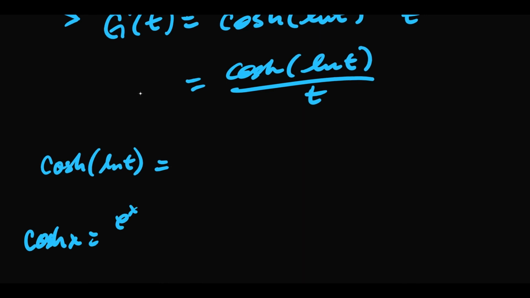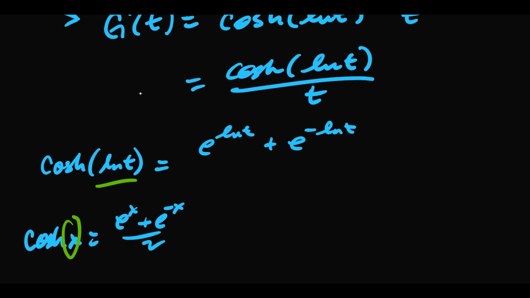It's e to the x plus e to the negative x over 2. So wherever there's an x, I'm going to put natural log of t. All right, so here we go. This is going to be e to the natural log of t plus e to the negative natural log of t, all over 2.